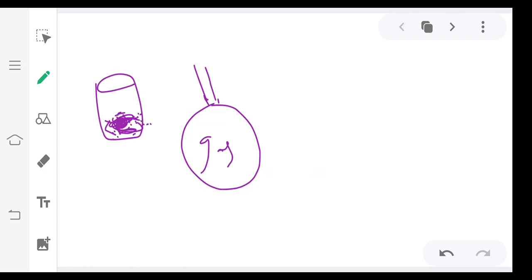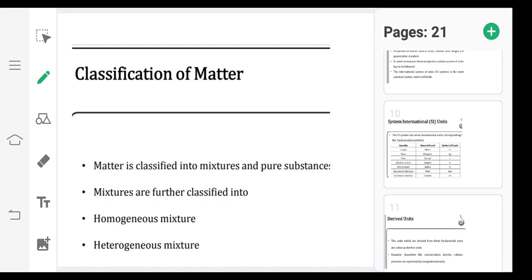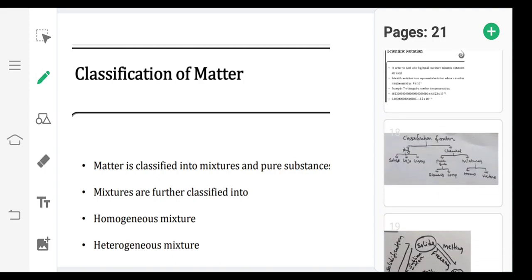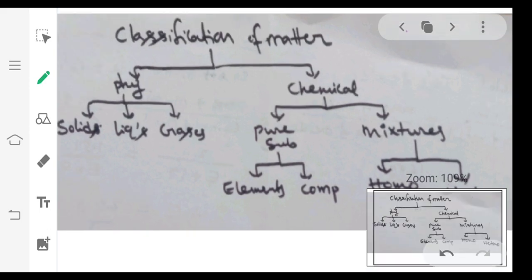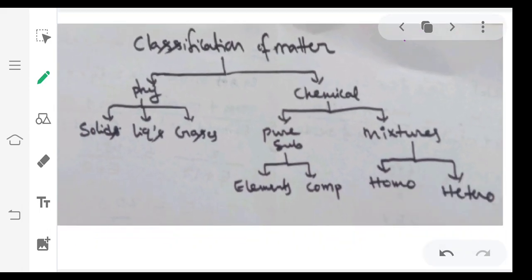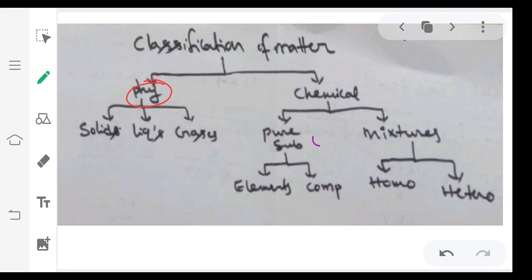Next, classification of matter. Generally there are two ways of classification. One is physical classification, another is chemical classification. According to physical classification, matter can be divided into three states mainly: solid state, liquid state, and gaseous state.